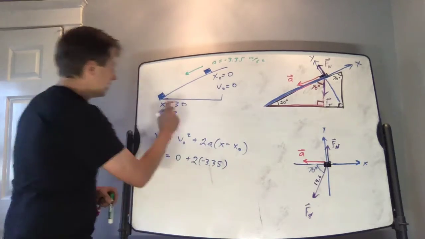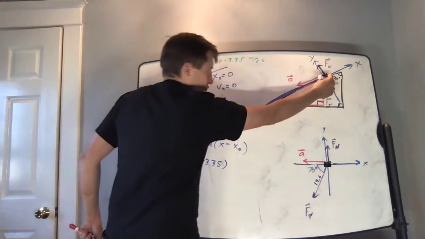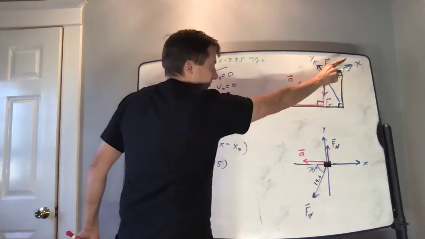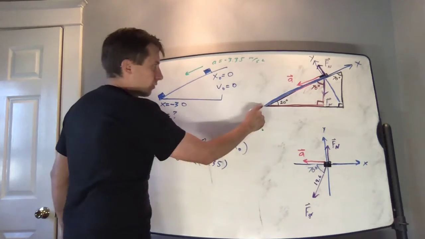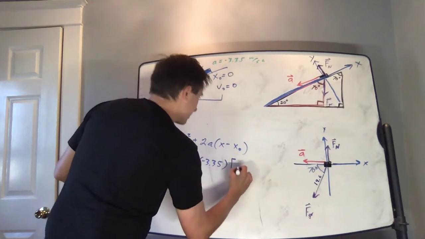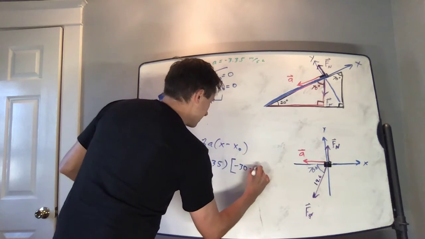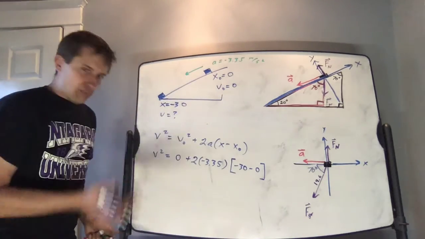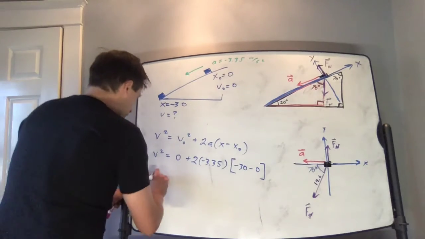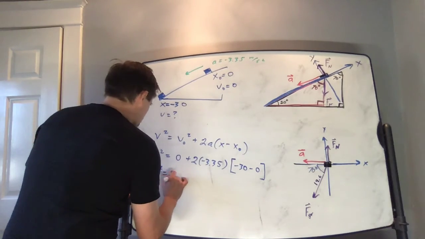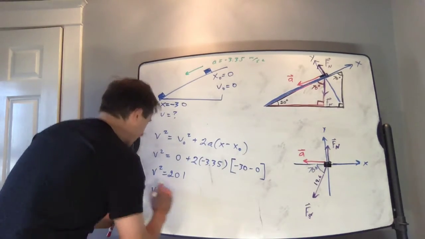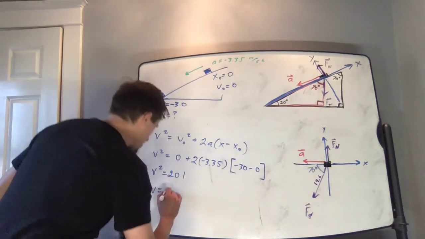So x final is -30 because we chose the origin to be right at the initial position of the crate, and the positive x direction points up the ramp. Therefore, the bottom of the ramp would be at x equals -30. So I could say -30 minus 0. And at this point, I just have to plug in numbers. I find after I go through the arithmetic that V squared is equal to 201. And from there, I could say then V final at the bottom of the ramp is 14.2.